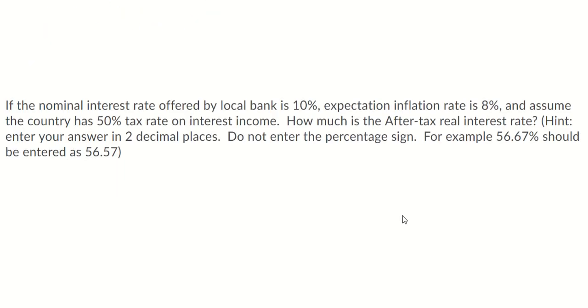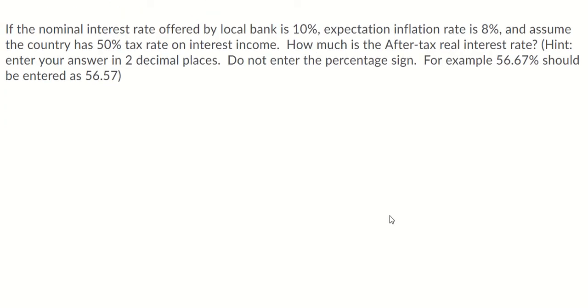Okay, so next one. If your nominal interest rate for the bank is 10%, that's how much the bank pays you, and your expected inflation is 8%. Now, assuming the country has a 50% tax rate on interest income, how much is your real interest rate after tax? Your profit, what the bank pays you, is 10%.